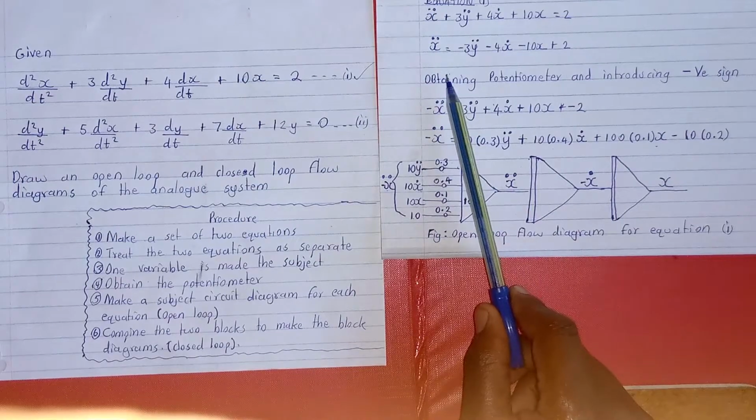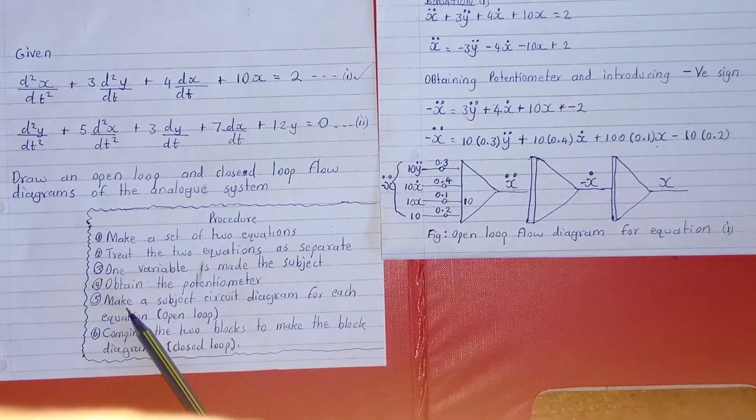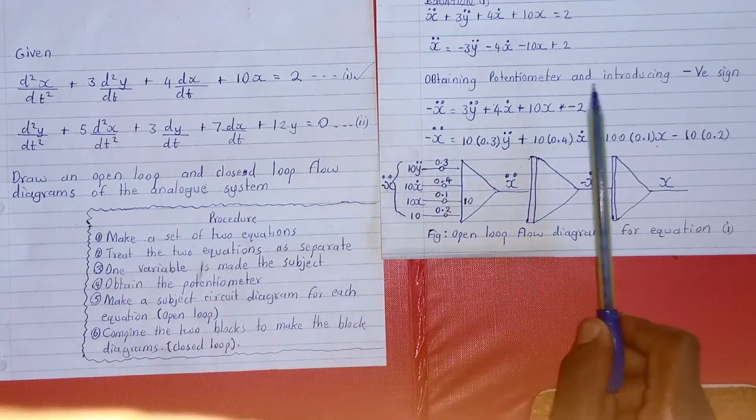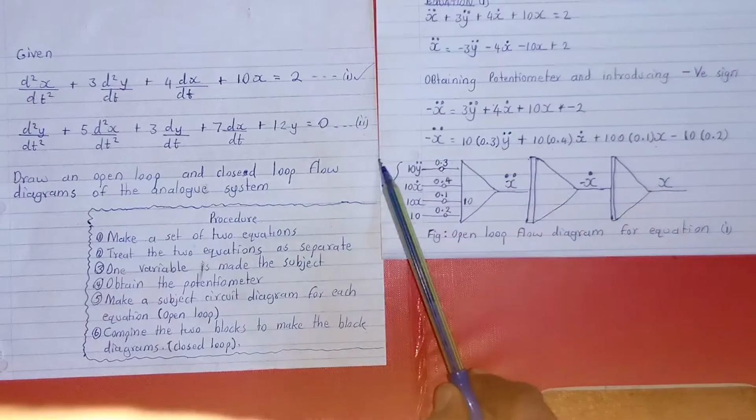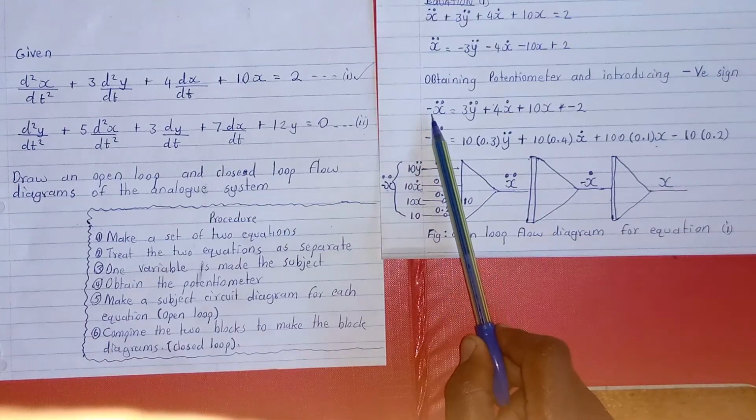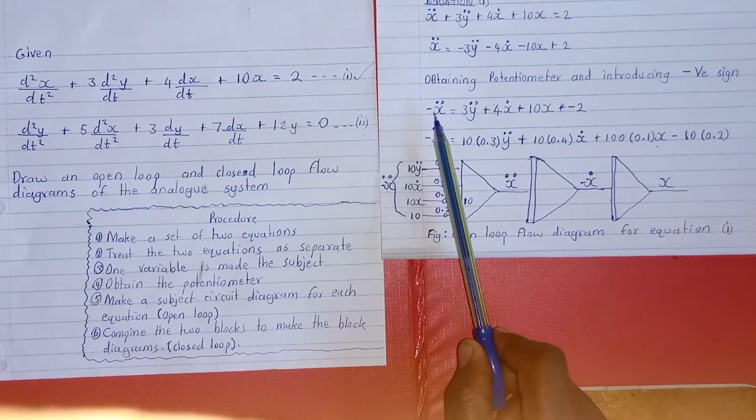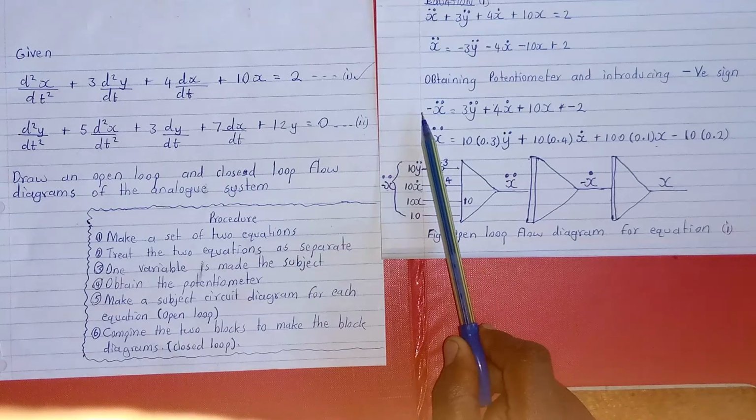Then our fourth procedure is saying we're going to obtain the potentiometer. Now first, before we apply what is called the potentiometer, it is very important to introduce a negative sign. So we'll introduce a negative sign on the whole equation.